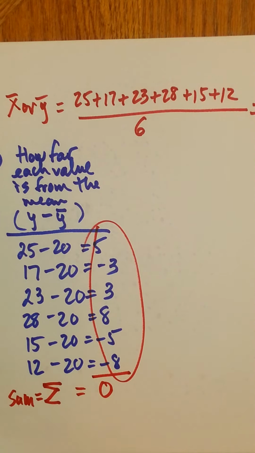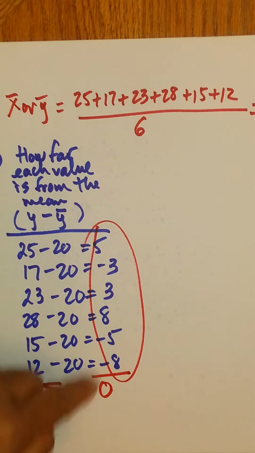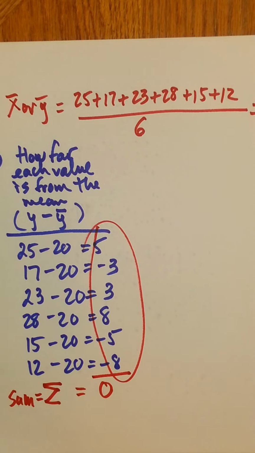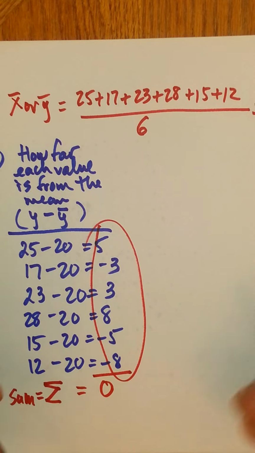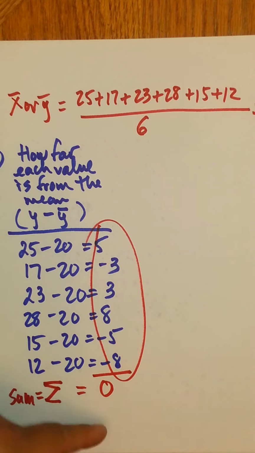For the spread to be 0, I would take 0 and divide it by 6, and that's going to be 0. The only way that could happen is if all the values were exactly on top of the mean, 20, and therefore each value is no distance at all from the mean. That's the only thing that would make sense for 0, if all my data values were piled up on top of the mean, 20. But that's not happening, so I know this can't be so.